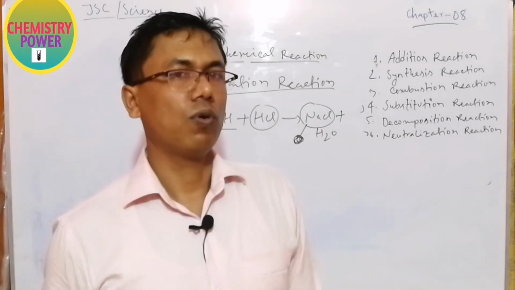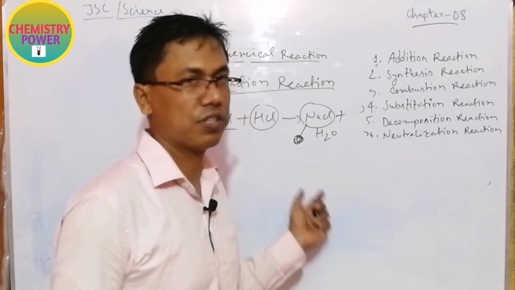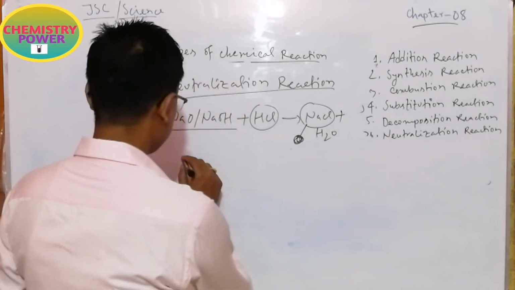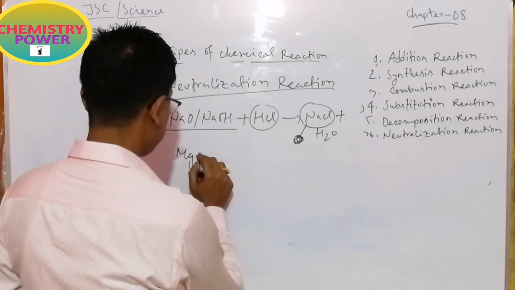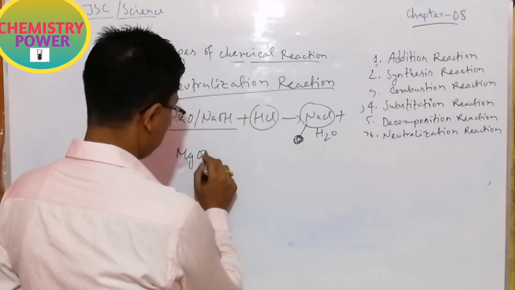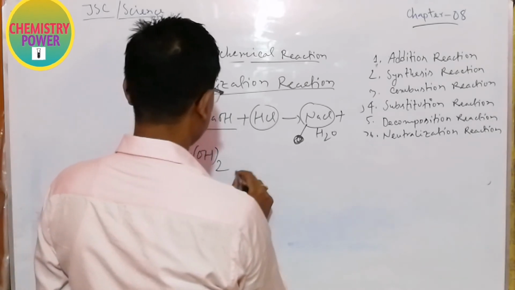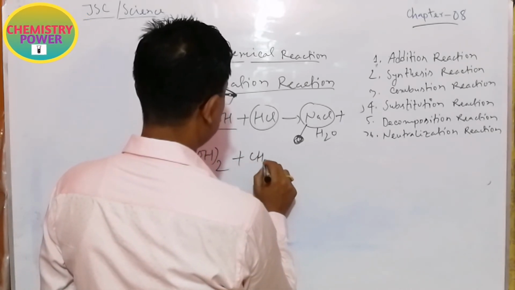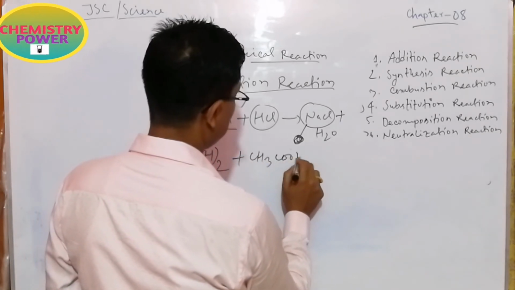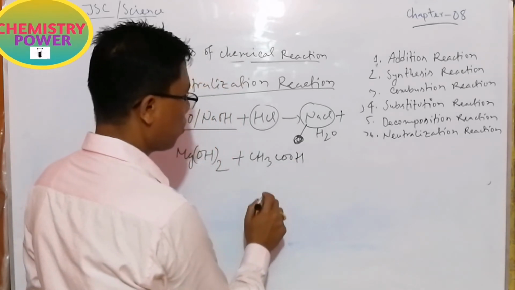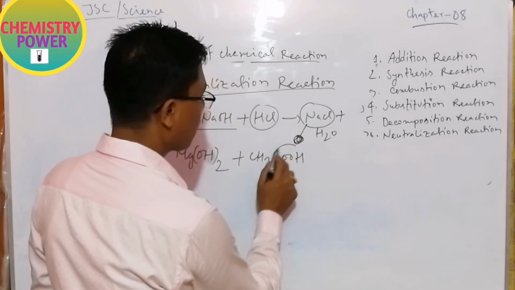I can give you another example for neutralization reactions. Magnesium hydroxide plus CH3COOH. This is one kind of organic acid because of having a carboxyl group.